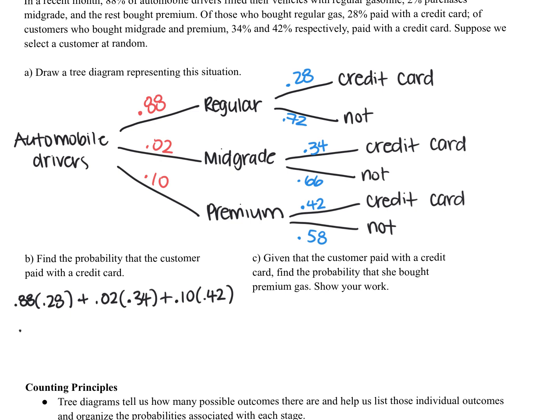So we get 0.2464 plus 0.0068 plus 0.0042. When I add those together, I get 0.2574.